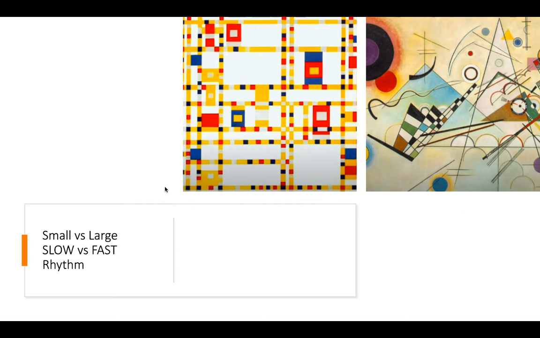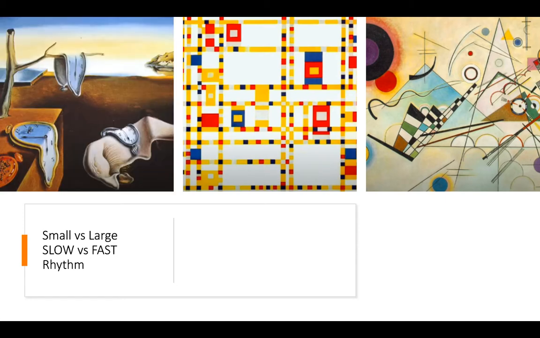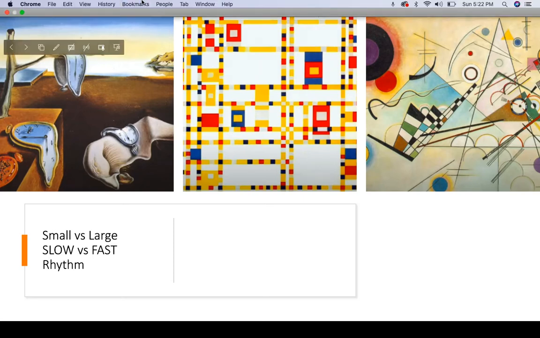Now, if there are only a few elements in your image and they are spread apart visually, then the rhythm is going to be slow. You see how this is spread far from here. Your element is the clock. Now let's say there are a lot of elements and they are close together.